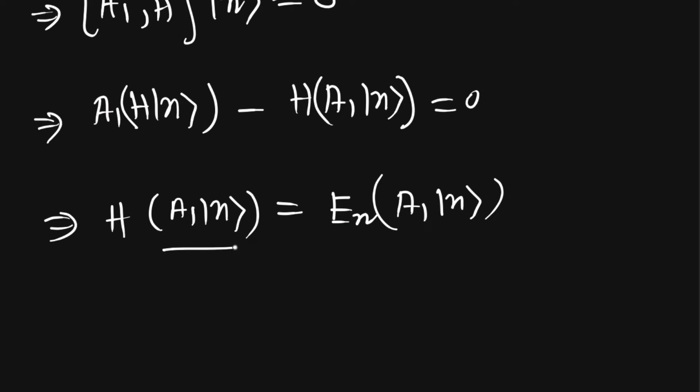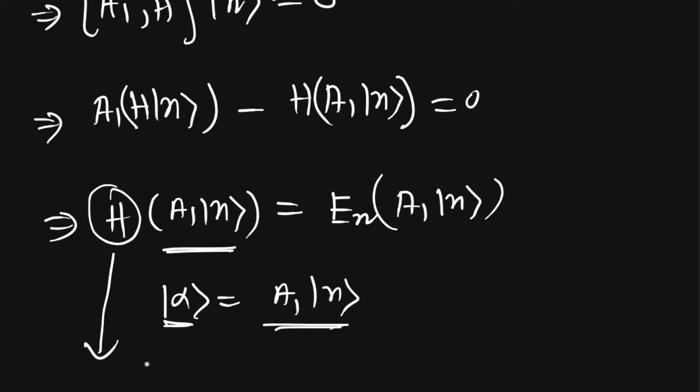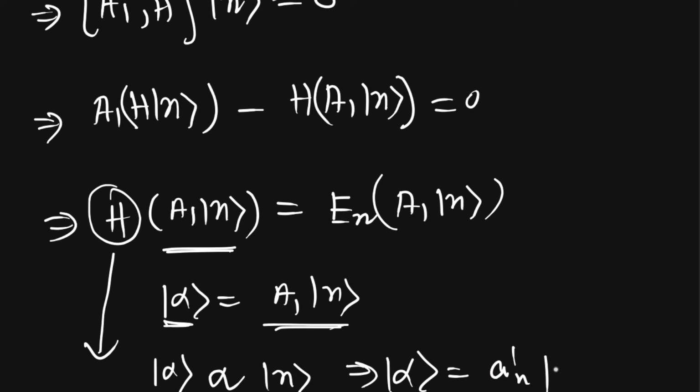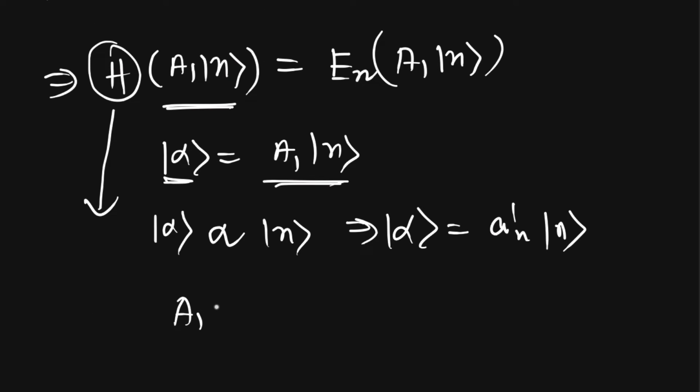This means this A1|n>, the total A1|n>, is an eigenket of the Hamiltonian H. But if |n> is also an eigenket and this A1|n> also an eigenket of the Hamiltonian, that means if H is not degenerate, then A1|n> should be proportional to |n>, suppose alpha.